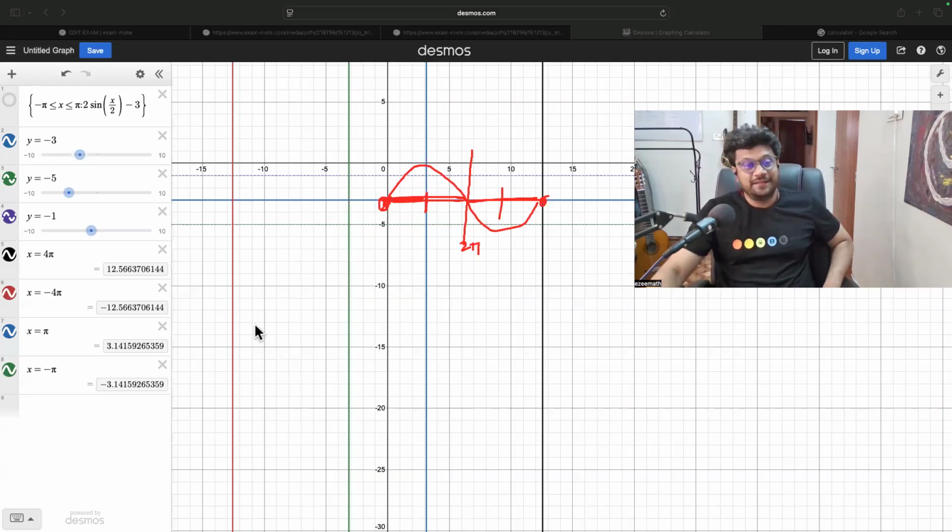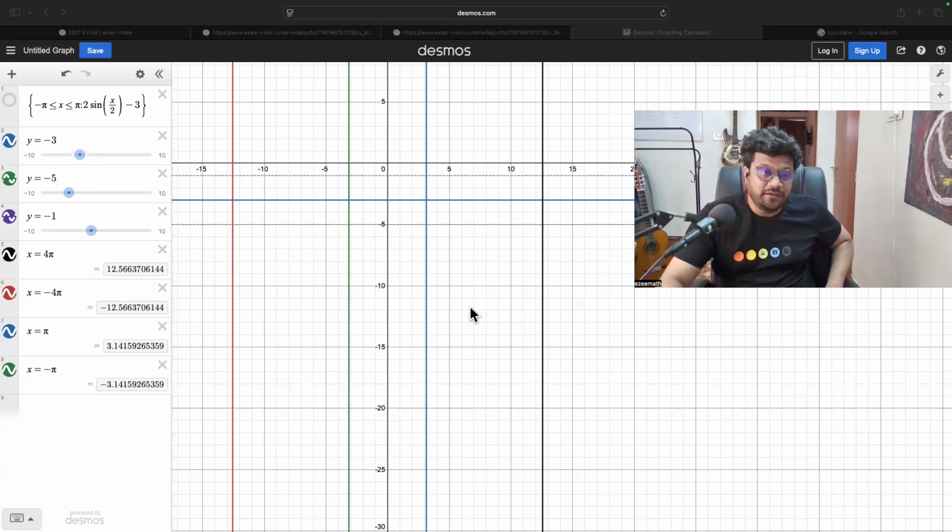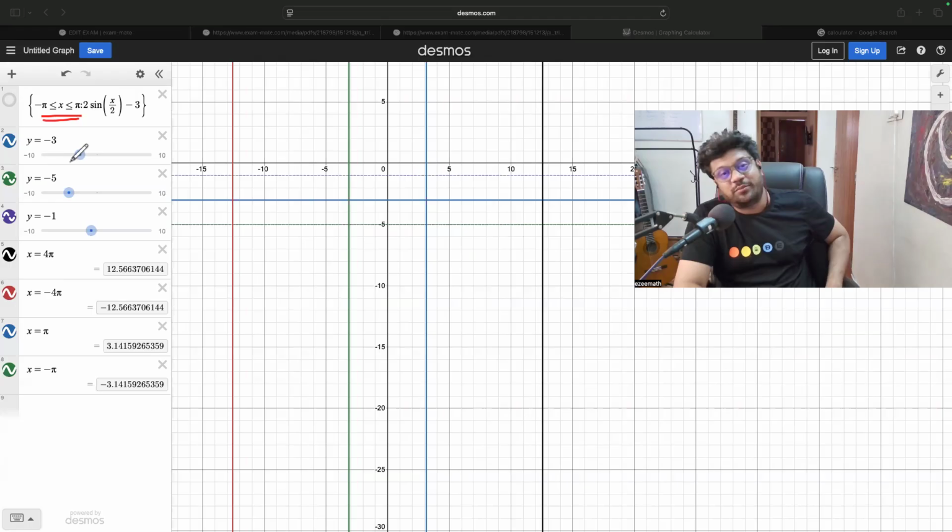In that case, if they have mentioned that the domain is supposed to be between minus pi and pi, I'll take only 1/4 of the wave between 0 and pi. What is 1/4 of a wave? Well, it will go up from that place and reach the highest point.